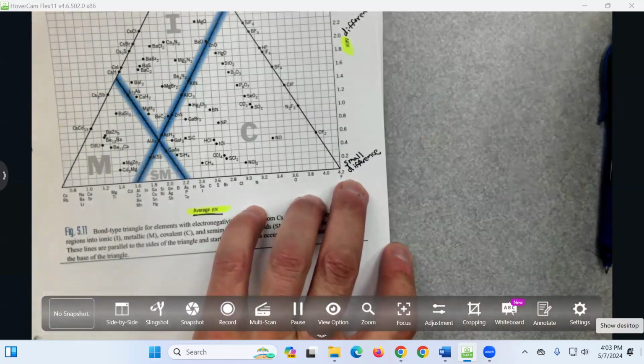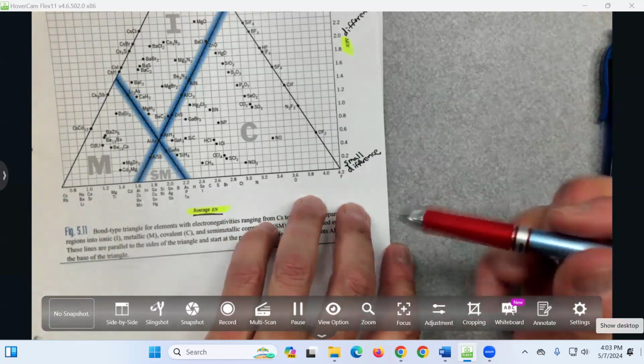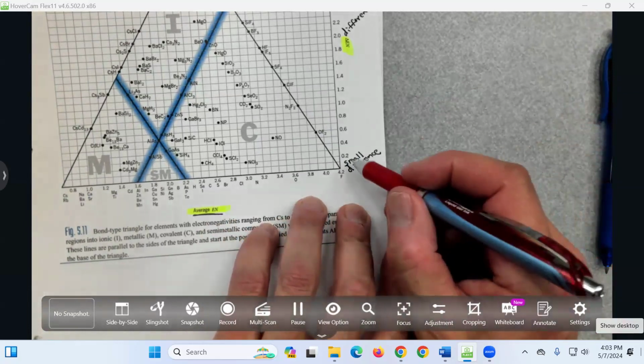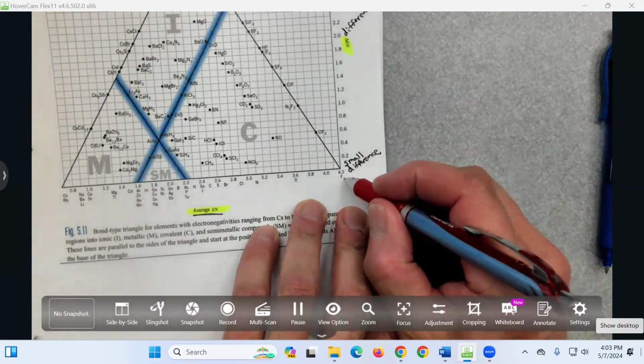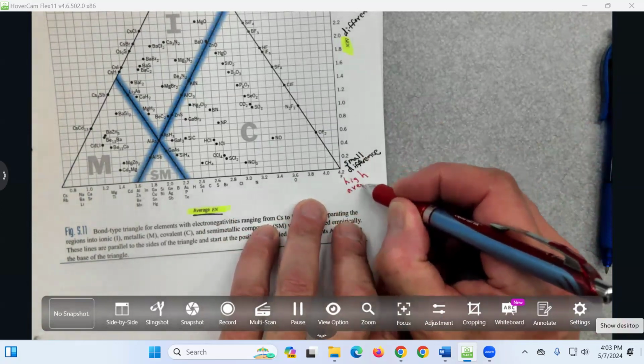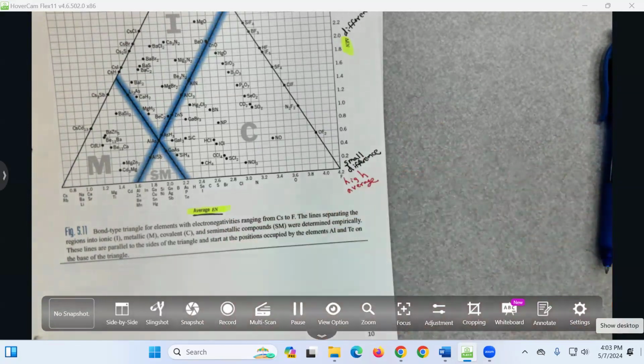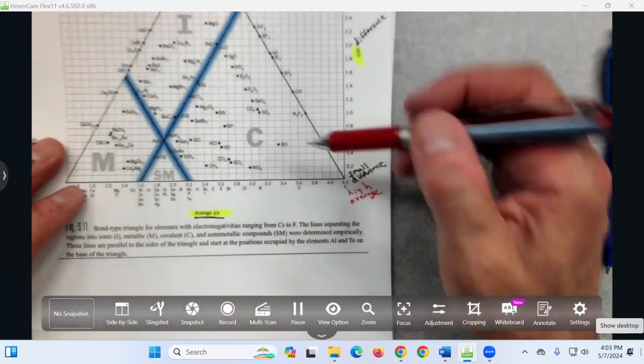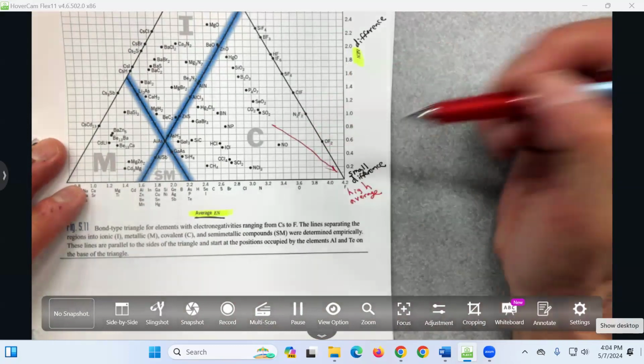And what else? What about the x-axis? You have a small difference on the y, and on the x-axis, you have a high average. Small difference, high average gets you covalent here.